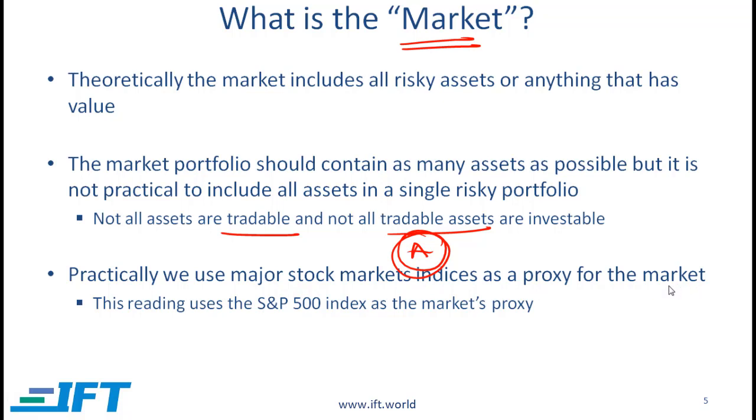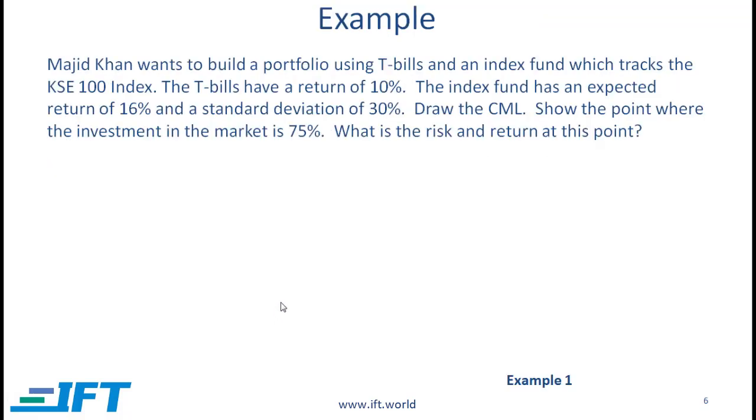If we take the US context, then the S&P 500 index is often used as the market's proxy. The S&P 500 represents approximately 80% of the US stock market capitalization and hence is a reasonable proxy for the US stock market.